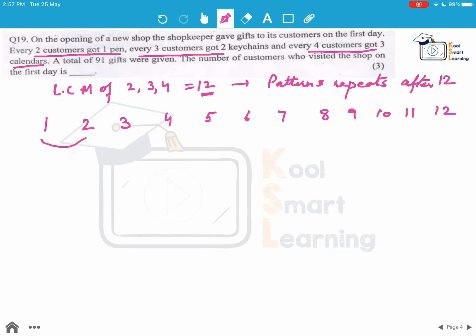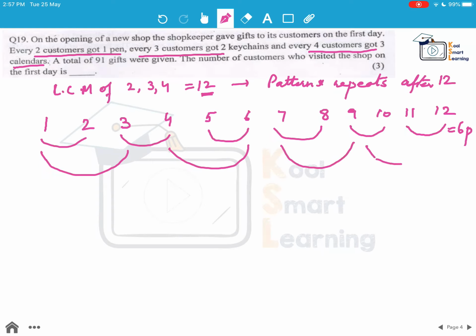So every 2 customers are getting 1 pen. So we are saying for every 12 customers, 6 pens are being distributed as gifts. Every 3 customers, 2 keychains are given.